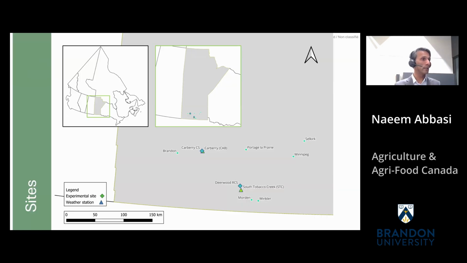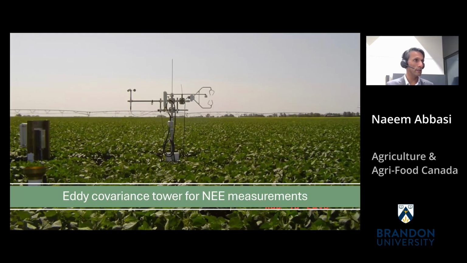So this is probably close to home. I have 2 sites, Carberry and South Tobacco Creek, STC. These are the 2 sites, and that's where my equipment is installed. The data has been collected for the last 10 or so years. And this is that equipment. It's a very innovative piece of equipment.